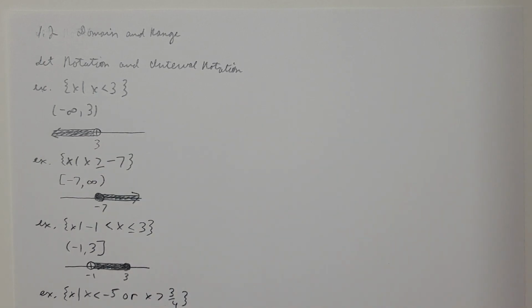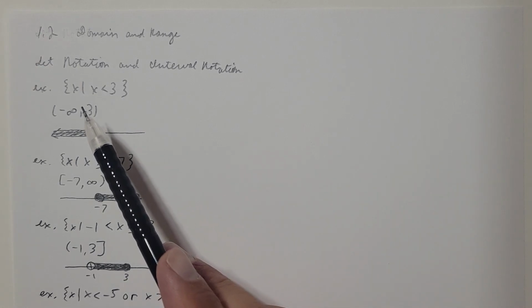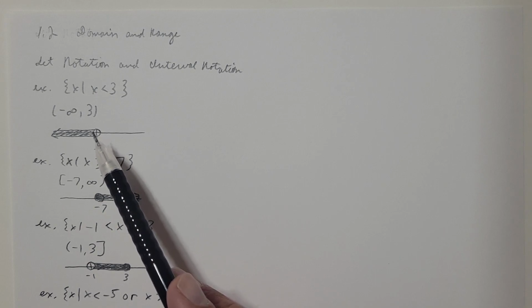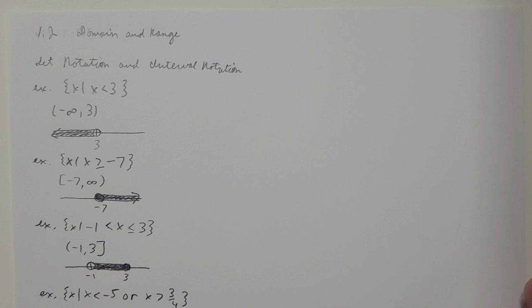In general, you want an open circle if you're not including the number, and you want a closed circle if you are including the number. Since I'm not including 3, but anything less than 3, I'll want an open circle at 3. And then I'm going to shade to the left.